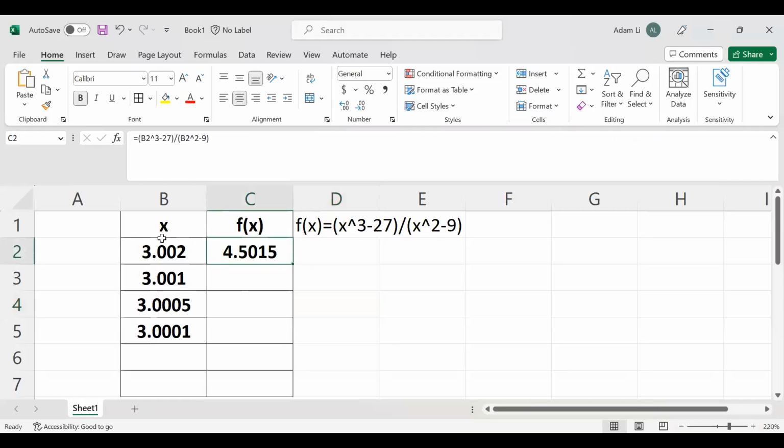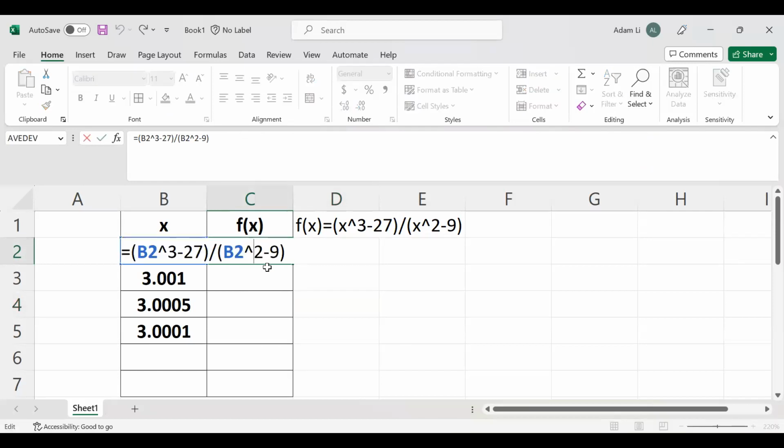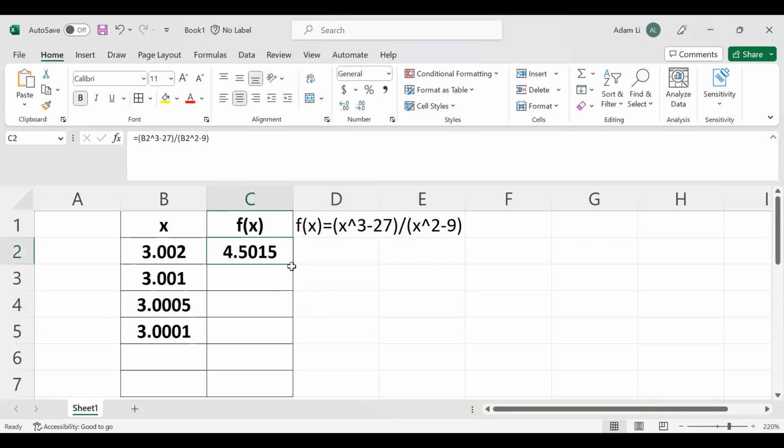Now watch. In Excel, once you do one of the calculations using the cell, you can just drag it and get the rest of them. So that's one way to automate all these detailed calculations. You see this trend right here.